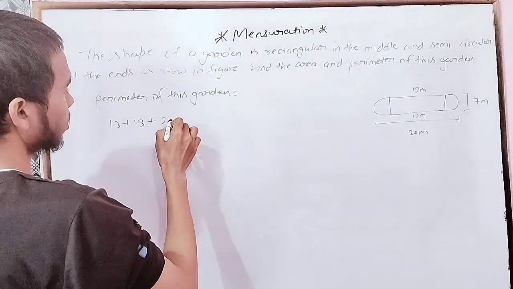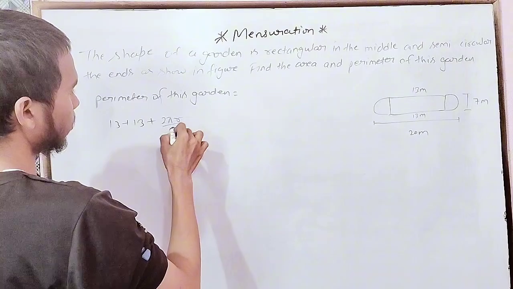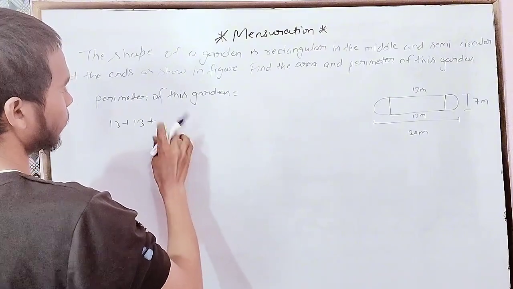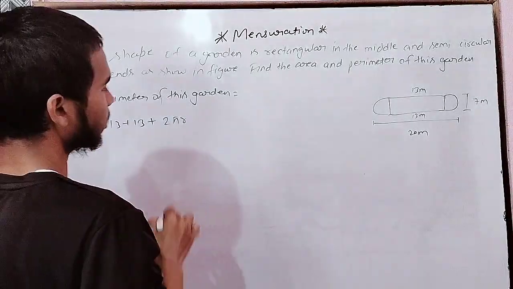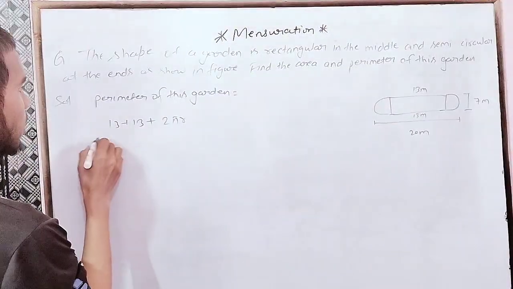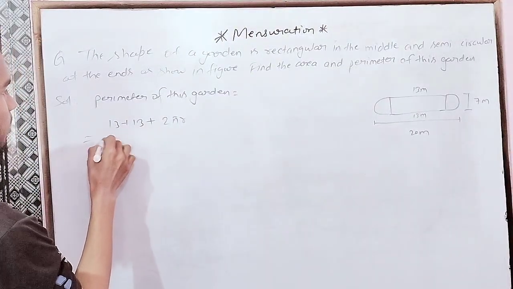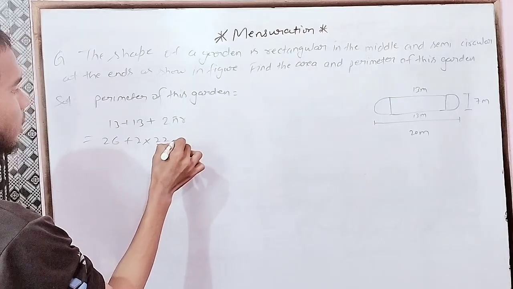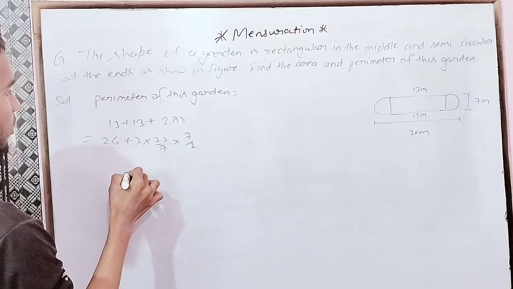So how much? 2 pi r upon 2. We have 2 pi r. Clear? Now let's simplify it. 2 multiplied by 22 upon 7, r is 7 upon 2.